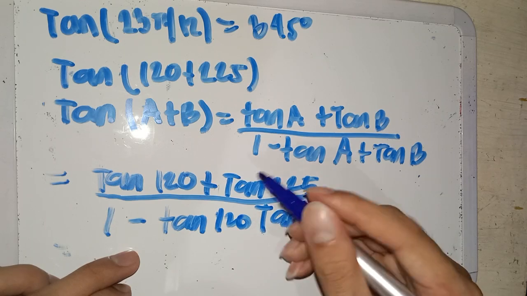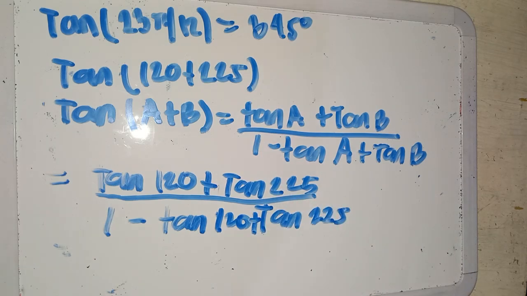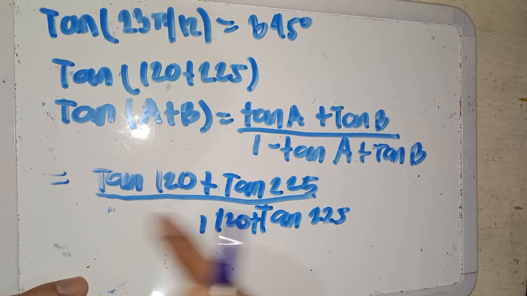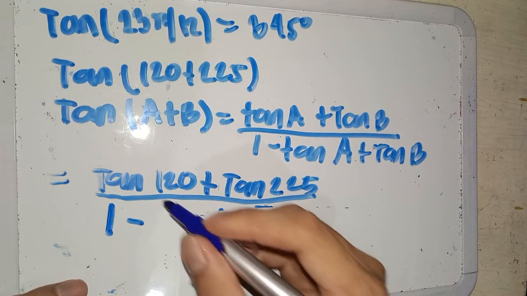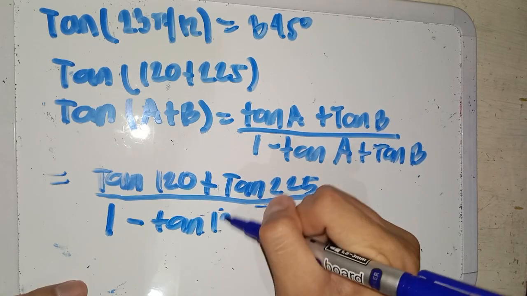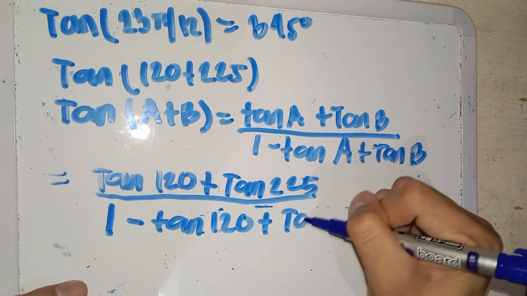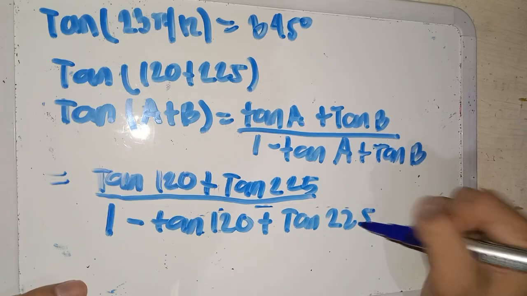Oh, there's a plus here. I will write it again. 1 minus tan 120 tan 225.